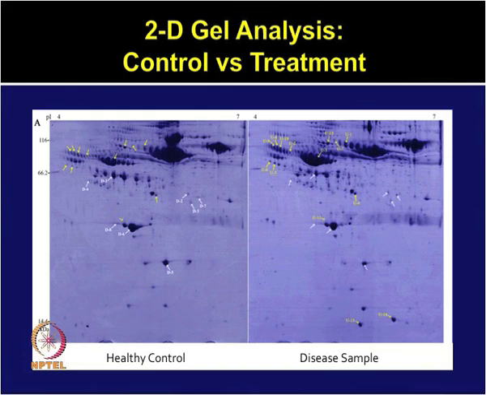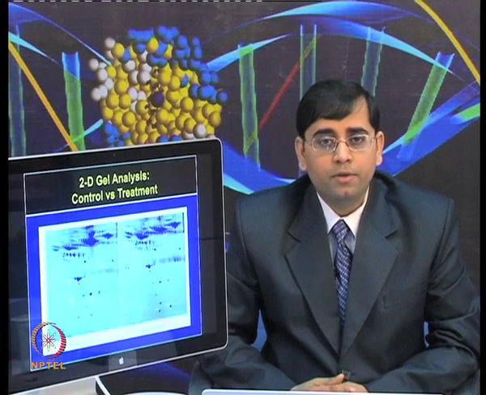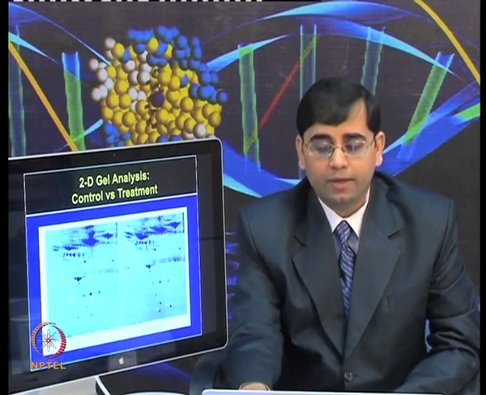If it is going up or going down, is that uniform in all the gels and how significant that is. So, all of this analysis can be performed by using different softwares.